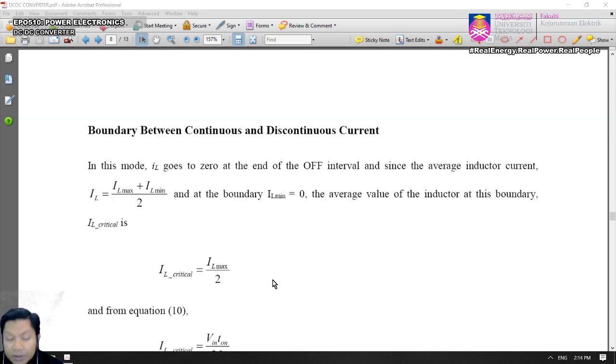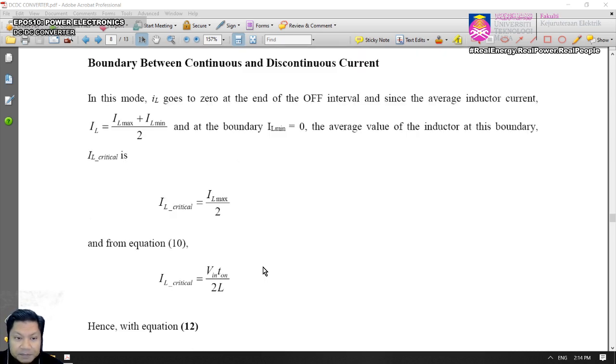I don't want to repeat the same explanation. Again, for EPO 510, we're going to discuss only continuous current operation, and similar happens here.